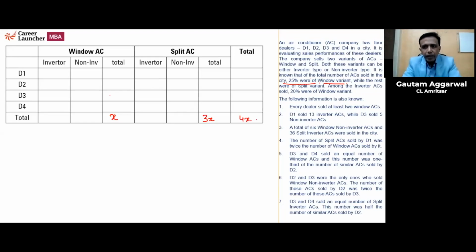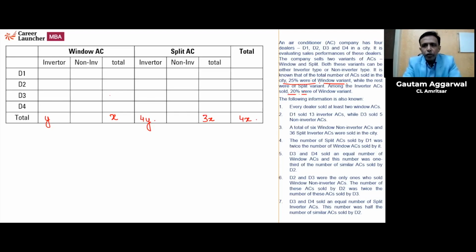Then among the inverter ACs, 20% was window variant. So among the inverter, 1/5, 20% was window variant. So if the total inverter is 5Y, then Y was window and 4Y has to be split. So that was the first 2 important pieces of information that we could have figured out.